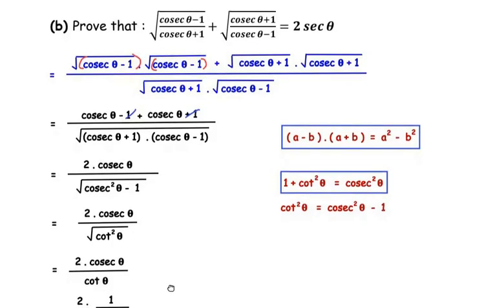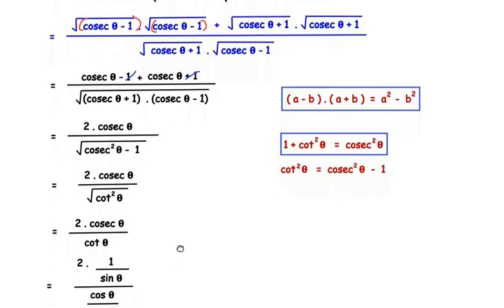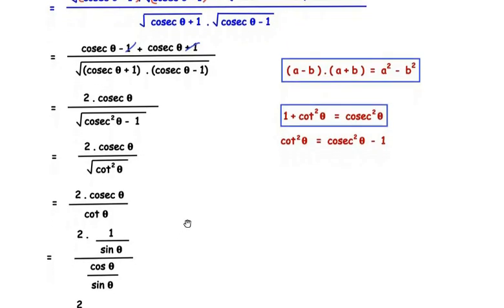Now cosec theta is a reciprocal function of sin theta. So in place of cosec theta, we have written 1 over sin theta. So the numerator now becomes 2 times 1 over sin theta over cot theta, which is written as cos theta over sin theta. Now sin theta and sin theta get cancelled from the numerator and denominator.